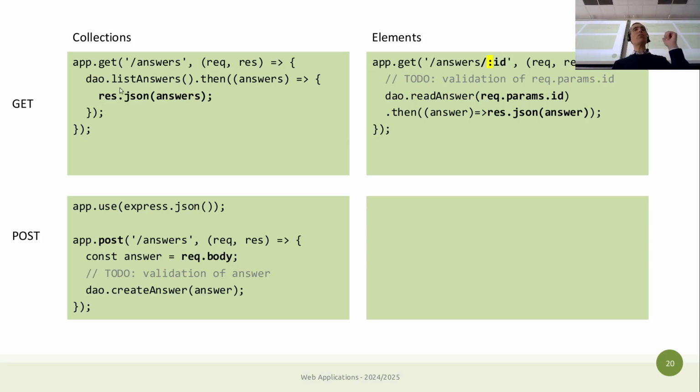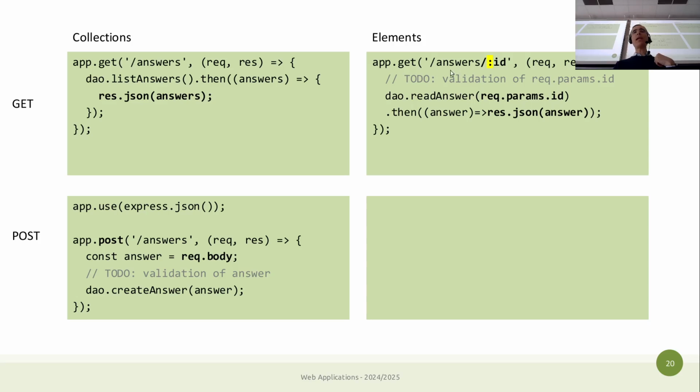Of course, you can do console.log, whatever, for debugging, but then res.json. There's already a list of answers. It's an array, that's fine. Pass it to the json method, it will be converted into JSON format and sent back as the response body of the HTTP response. That's a get, that's easy.